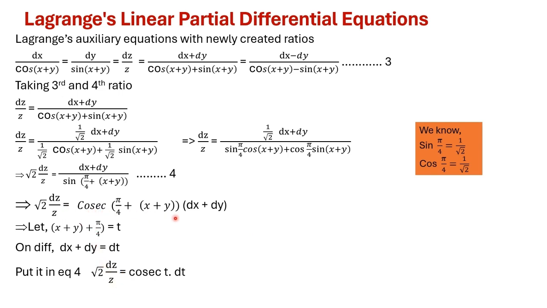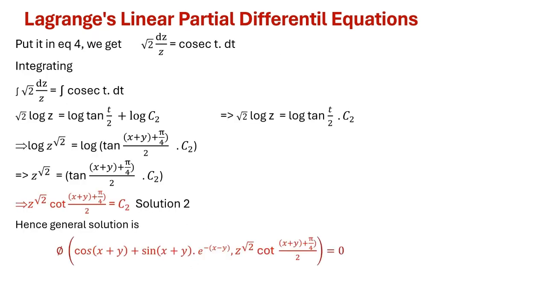So integrating this: root 2 is a constant, we'll keep it as such, and the integration of dz by z is log z, which is equal to the integration of cosecant t, which is log tan(t by 2), and then we add one arbitrary constant, so we'll keep it as log c2.